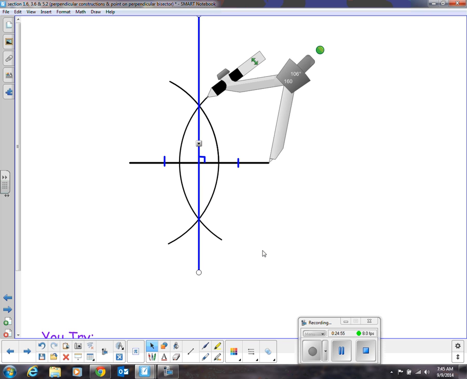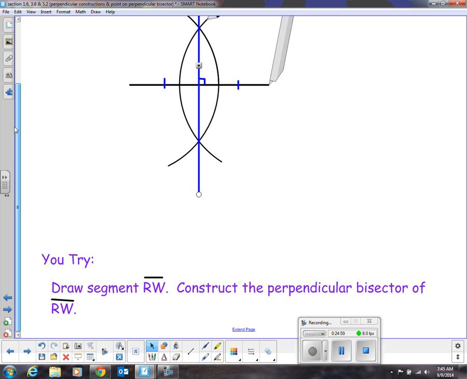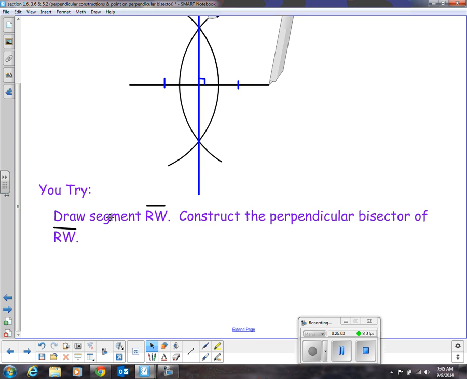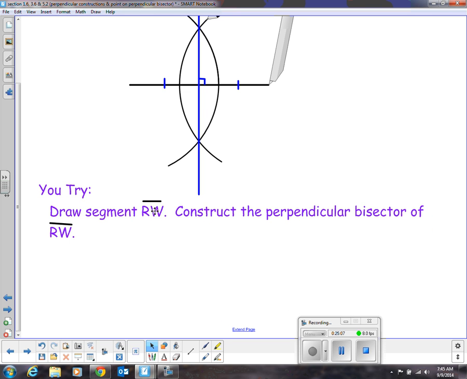All right? So now, I want you to do it again. I want you to draw segment RW, make sure you label the R at the endpoints, and I want you to construct the perpendicular bisector of RW.